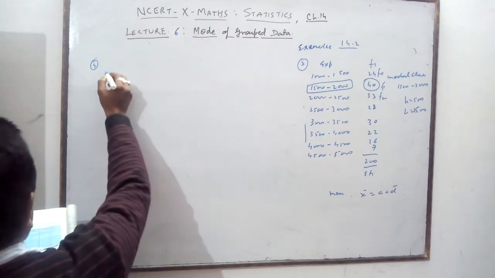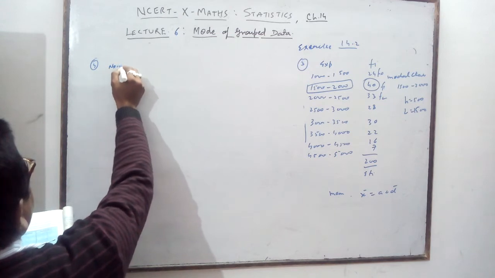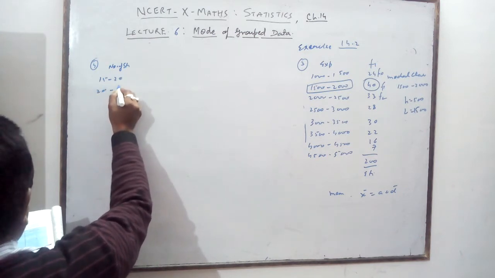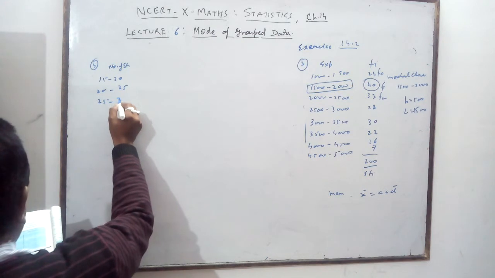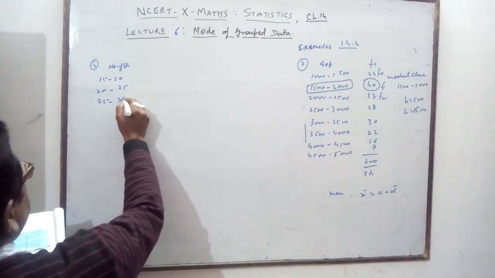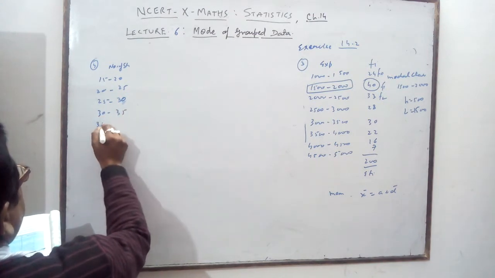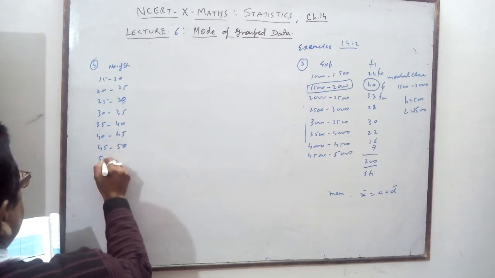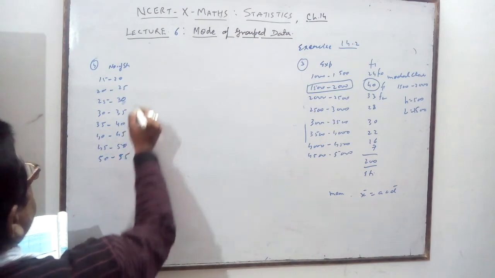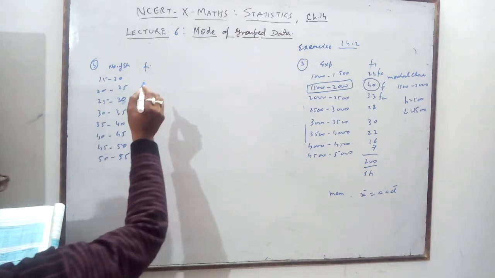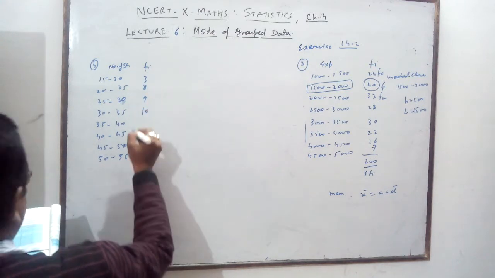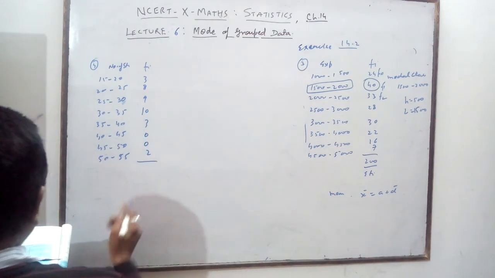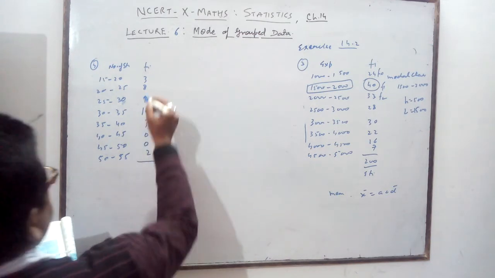The number of students per teacher is 15 to 20, 20 to 25, 25 to 30, 30 to 35, 35 to 40, 40 to 45, 45 to 50, 50 to 55. Fi is given: 3, 8, 9, 10, 3, 0, 0, 2.